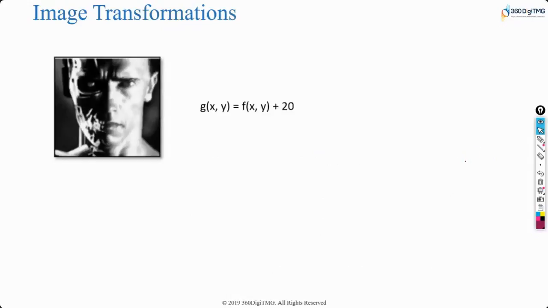There are a few image transformations. Question to you all. If this is the output image, g of x comma y, and f of x comma y is your input image, that means x comma y means you have x and you have y.